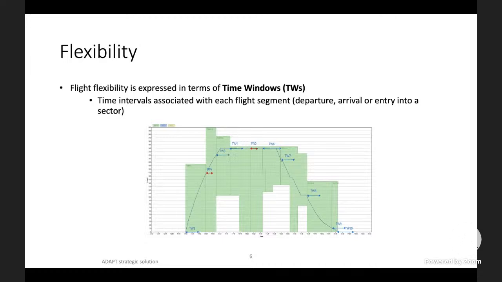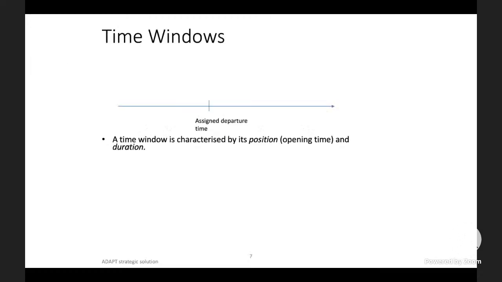This time window is a measure of flexibility that in this project is assigned to each flight, or to each segment of the flight. It is characterized by the position, the opening time, and the duration. So the higher the duration, the higher the flexibility of the flight to enter given sectors.